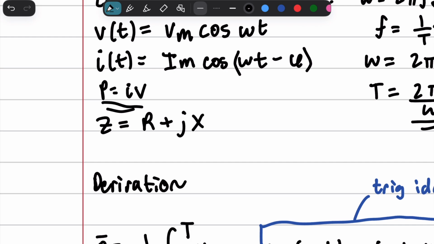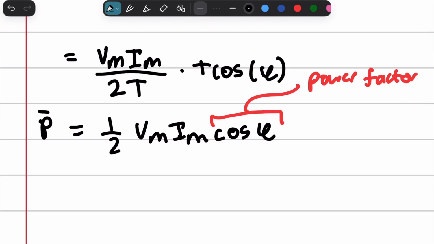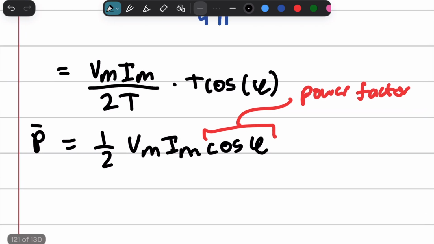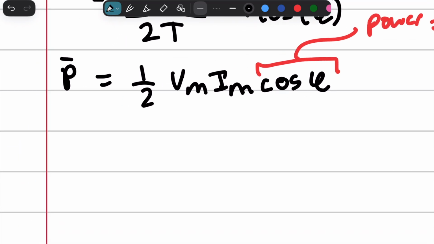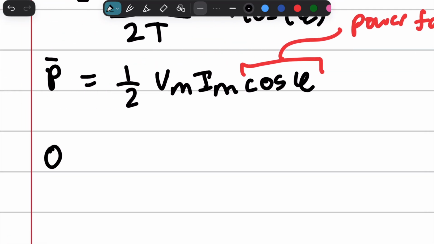Because Z, the impedance, is a complex value. And this power only shows the real portion of the power. Because if we have an imaginary portion, if we have complex numbers, if we have capacitors, inductors, or some sinusoid, we also need to take into account something called reactance, okay? And that's going to be represented in Q.